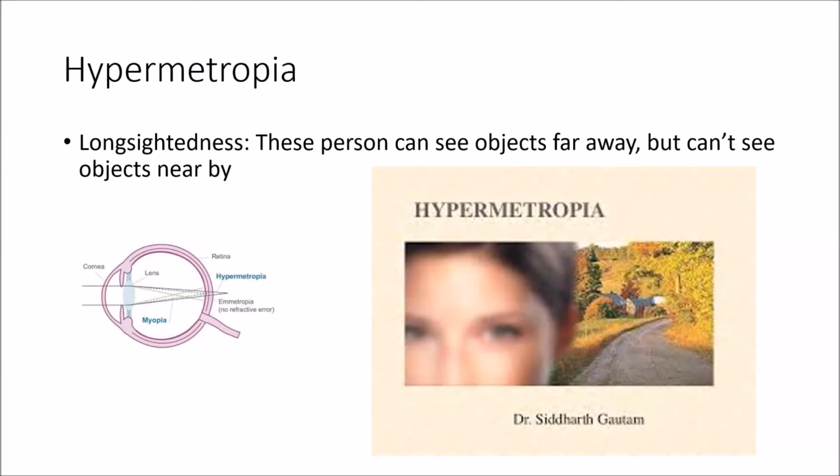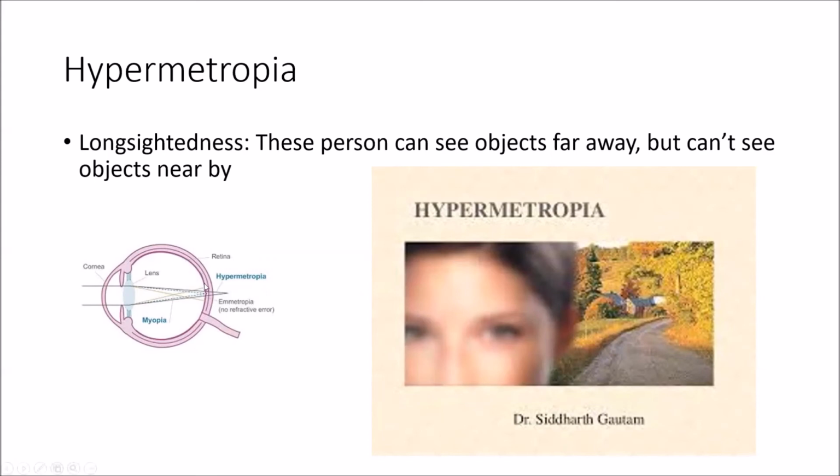Now, in order to correct this, they're also going to need a special type of lens, and that lens is called a convex lens. Now, this picture shows what happens in the eye of someone who is long-sighted or has hypermetropia. The lens is creating an image, but that image comes to a point towards the back of the eye.